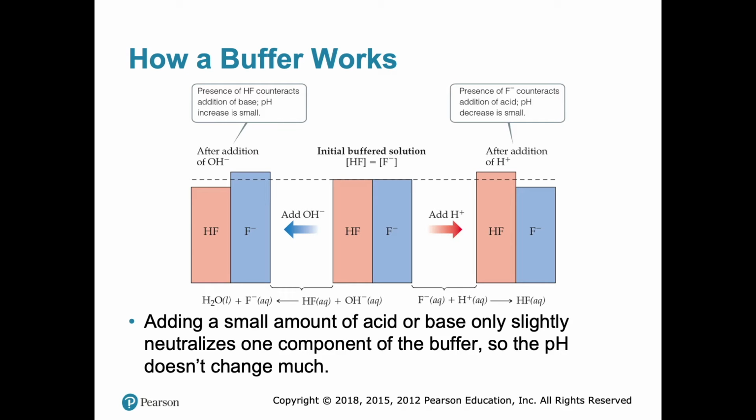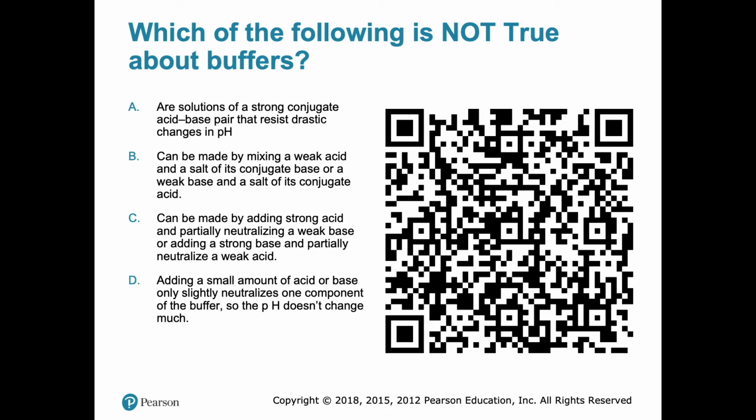This is actually a pretty cool diagram here. Okay. So your first question today is this: which of the following is not true about buffers? They are strong solutions. They are solutions of a strong conjugate acid-base pair that resist drastic changes in pH. That seems reasonable. They can be made by mixing a weak acid and a salt of its conjugate base, or a weak base and a salt of its conjugate acid.